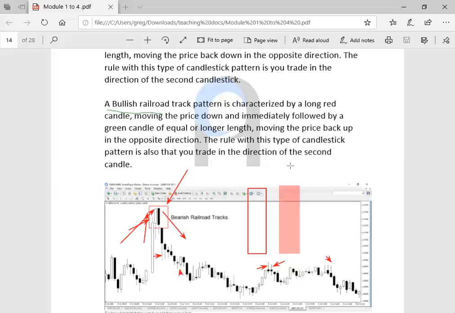And in most cases, we want to see this candlestick a bit bigger than this previous one. So we want to see the down candle a bit bigger than the up candle. Now this gives us a hint that the momentum could be shifting from upward to downward. So that gives us a hint or a signal.